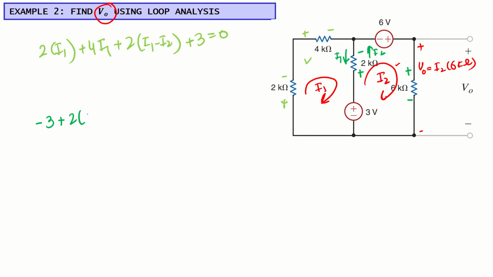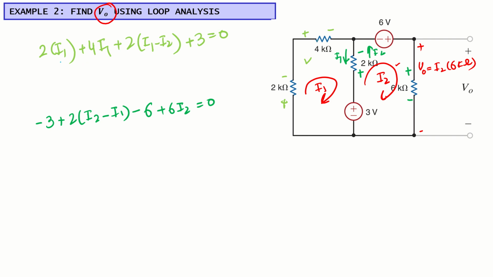Because I2 is our main reference here, the current through this resistive branch will be I2 minus I1. Then this voltage source will be minus 6, and then plus 6 times I2 is equal to 0. So we got our two loop equations. Next is just rearranging these equations, solving them and getting the answers.